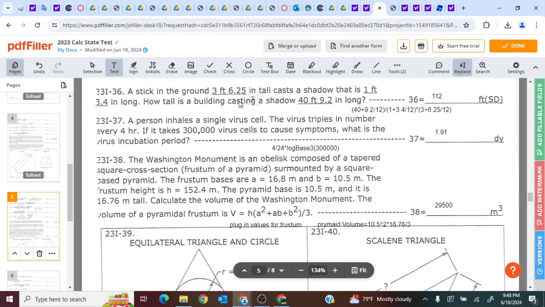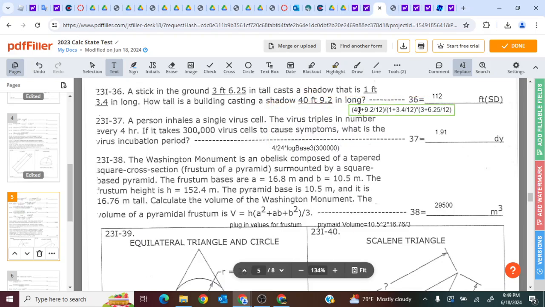Okay, 36, stick in the ground that tall, cast a shadow that long. How tall is a building casting a shadow that long? Well, the height of the building and the length of the shadow form a triangle, so they both increase proportionally.